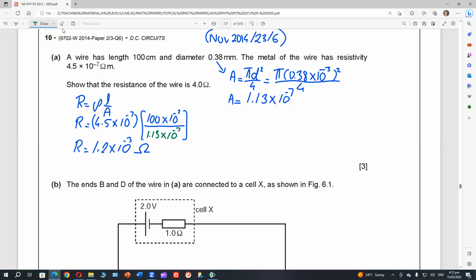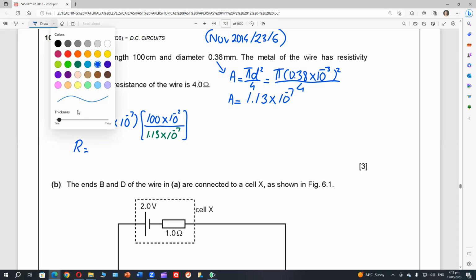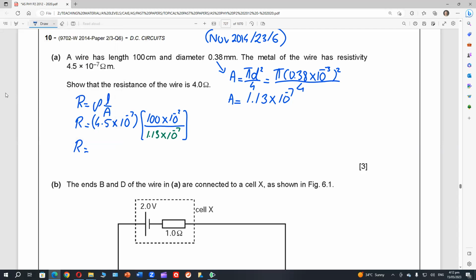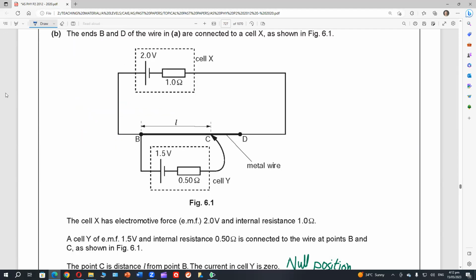I think you told me, but I didn't correct it. This answer was coming 4 or not? This one, the first part, because he said you have to show it coming to 4. Yes, it was coming to 4 with the area. Okay. The resistance of the wire is 4.